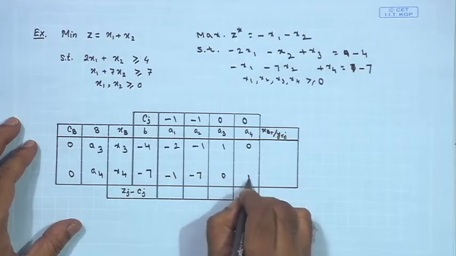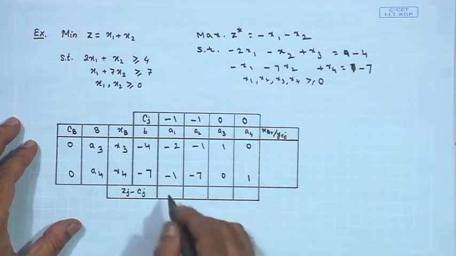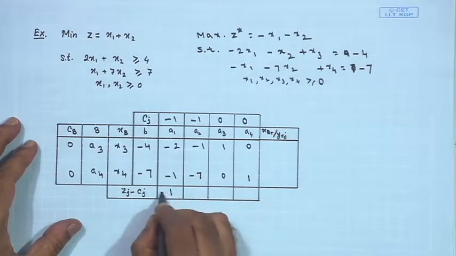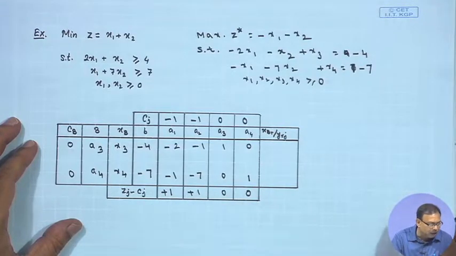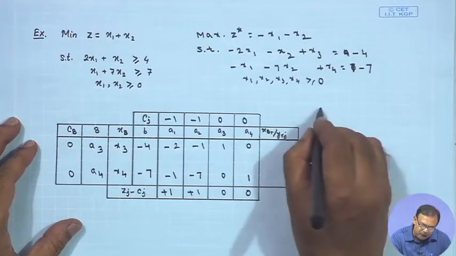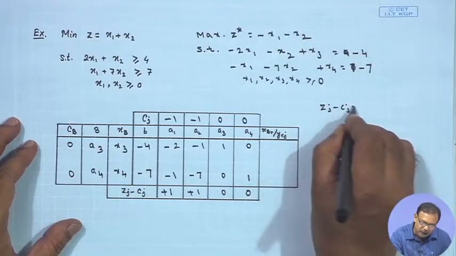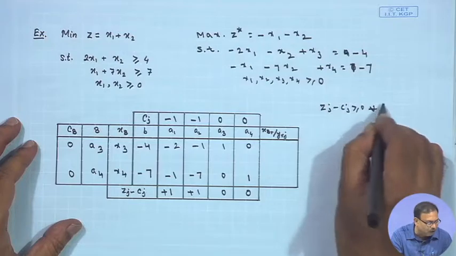So, for z j minus c j you are obtaining plus 1, here it is plus 1, here it is 0 and here it is 0. If you see here, your z j minus c j is greater than equals 0 for all j.